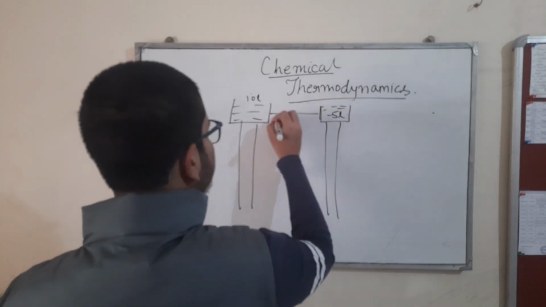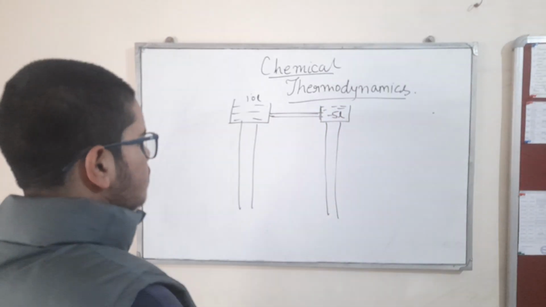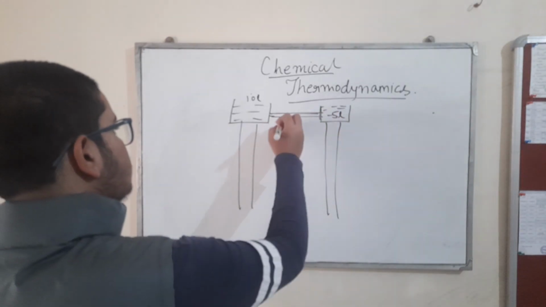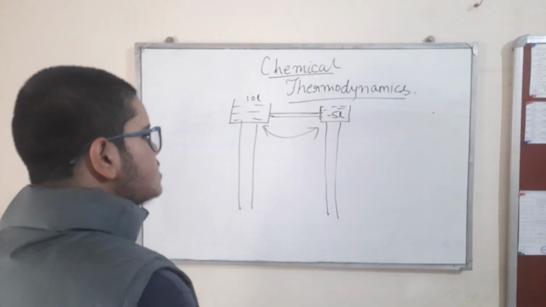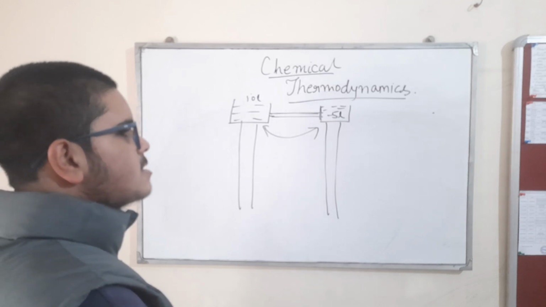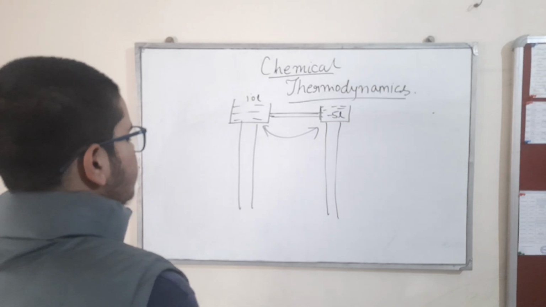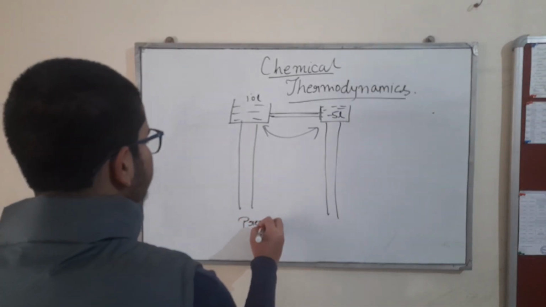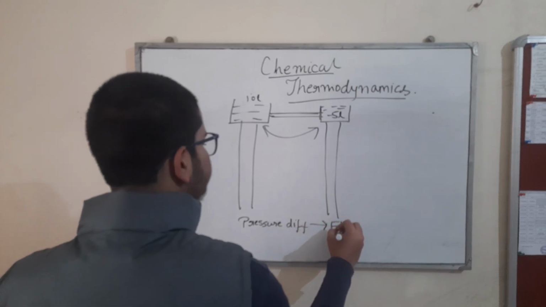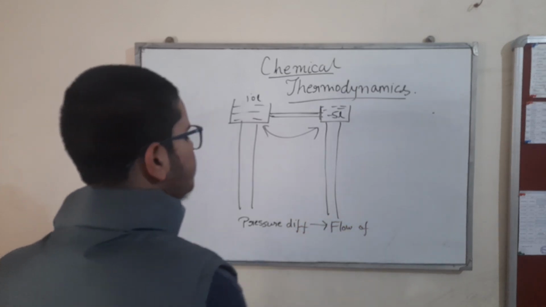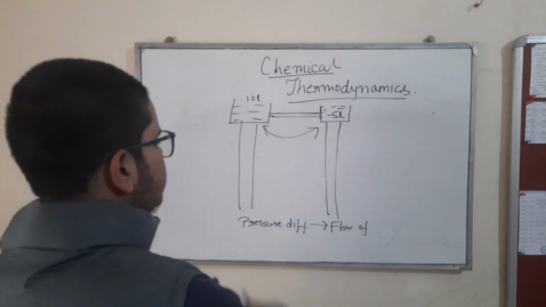Now I connect these two with a pipe. To understand this, there will be no net water flow between these two, because they are on the same height. They have no pressure difference. A pressure difference is what is required for water flow. It is essential for flow of water. If there is no difference in the pressure, then why will water flow from this side to this side or that side to this side?